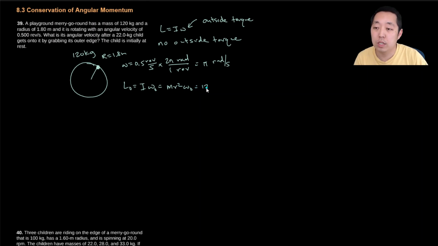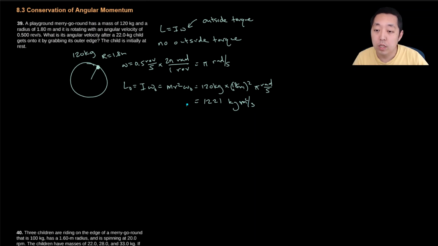So this is 120 kilograms times 1.8 meters squared times omega naught, which is pi radians per second. When I put that into my calculator, 120 times 1.8 squared times pi, I get 1221 kilograms meters squared per second.